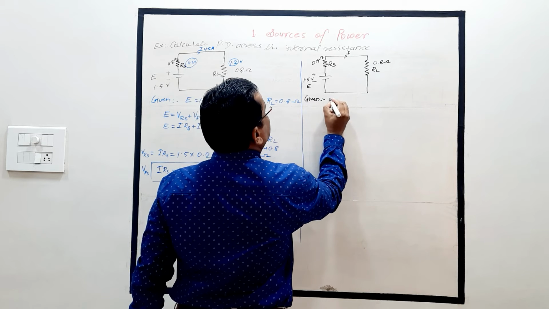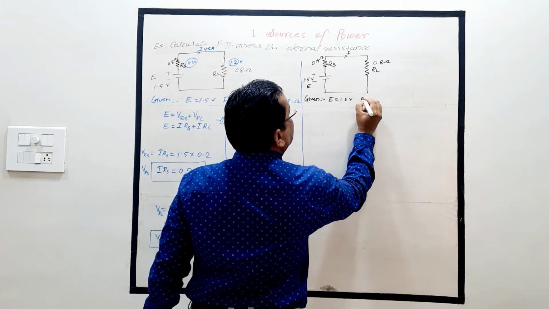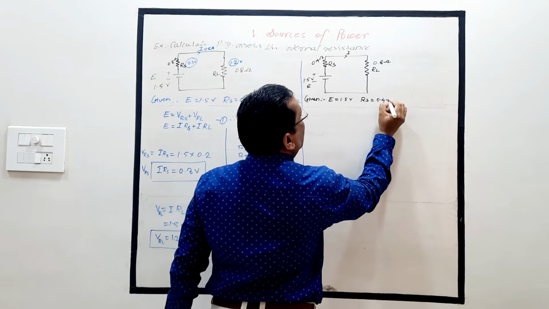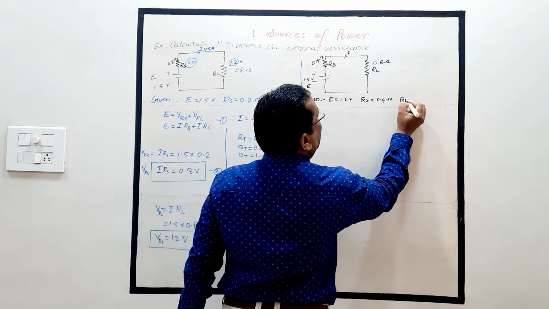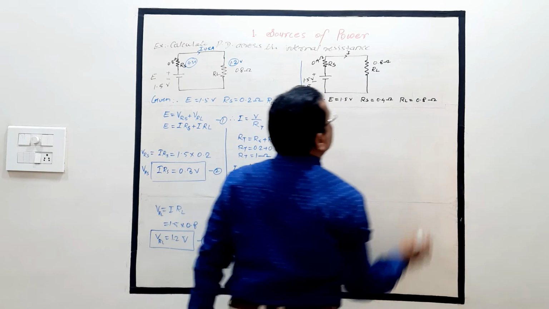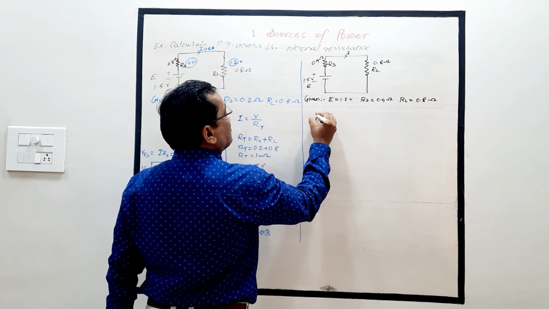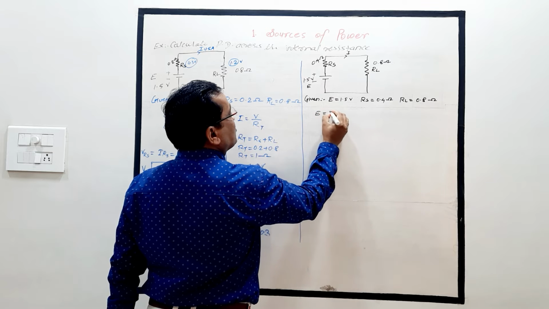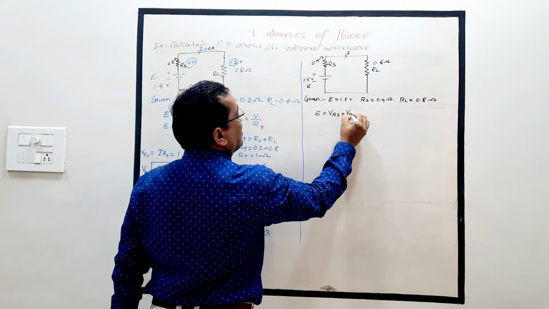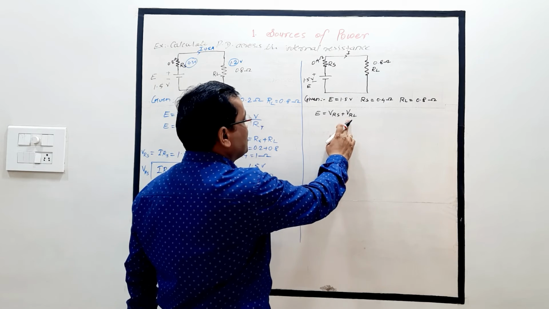Given data: source of EMF 1.5 volt, RS, internal resistance or source resistance, of 0.4 ohm, and RL, load resistance, is 0.8 ohm. So we can write the EMF of a cell is equal to VRS plus VRL, that is voltage across internal resistance plus voltage across load resistance.